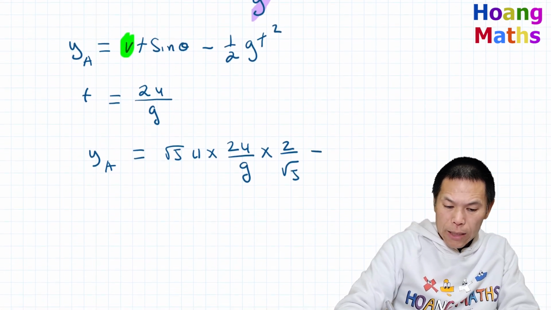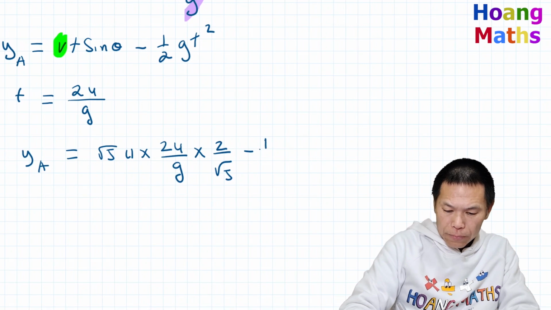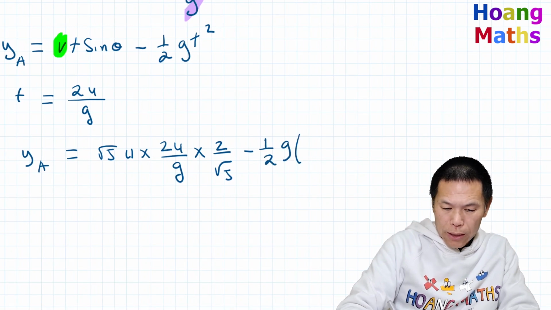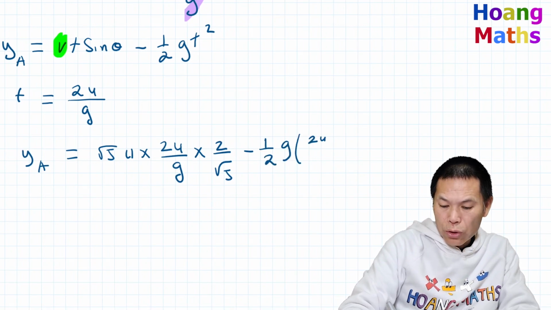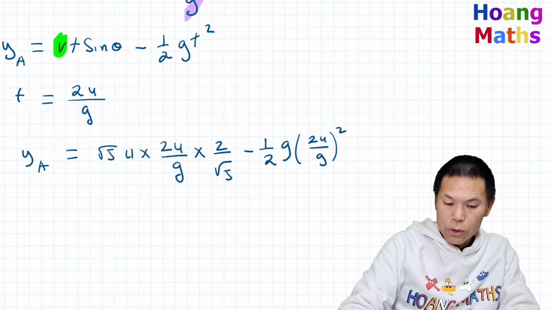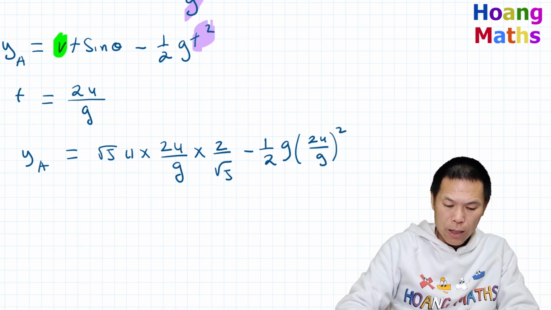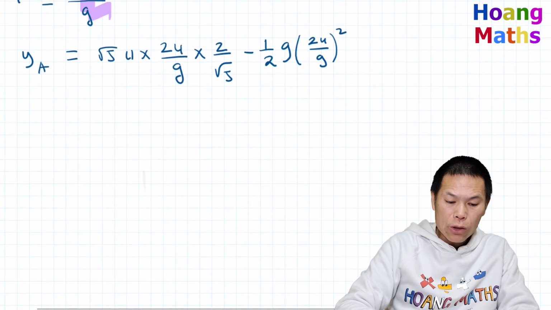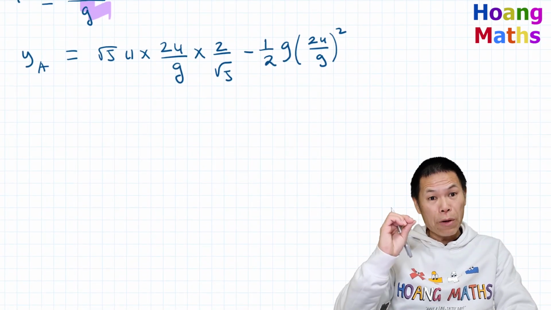And we minus a half g times t squared, which is 2u over g all squared. Now I just need to simplify this.